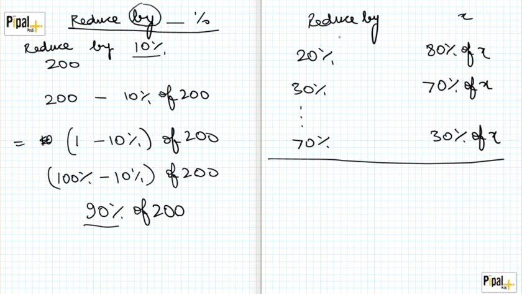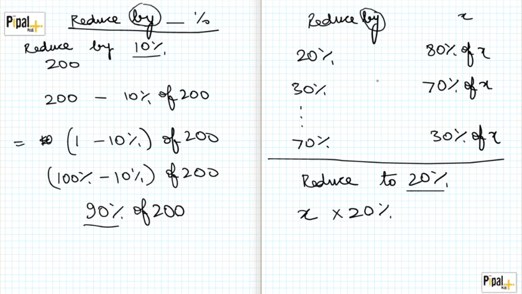If I'm asked, instead of reduce by 20%, to reduce to 20%, then I simply got to multiply the original number by the percentage to which I want it reduced, right? So reduce by 20% was I reduced 20% from the original number, but reduce to 20% means I just simply multiply this number by 20% and I get my answer.